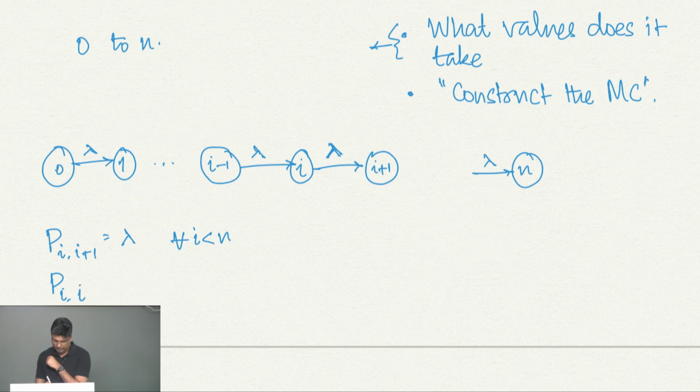And the probability of going from i to i minus 1 is mu, for all i greater than 0. So the probability of going back is mu.